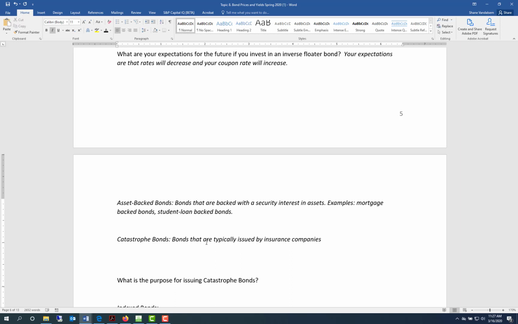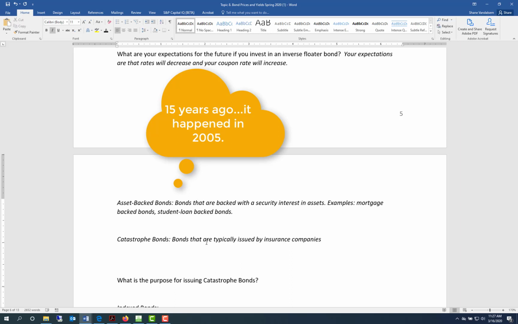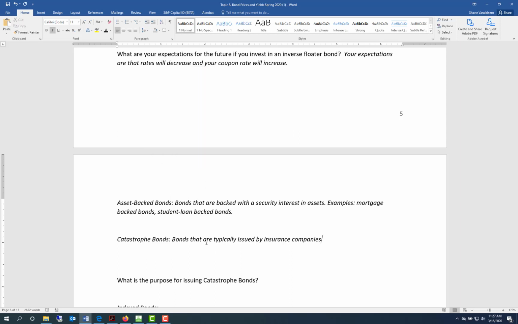If a specific catastrophe happens, for example, about 12, 13, 14 years ago, Hurricane Katrina hit down in the Gulf of Mexico, there were some catastrophe bonds that would pay out to the insurance company if that catastrophe happened.